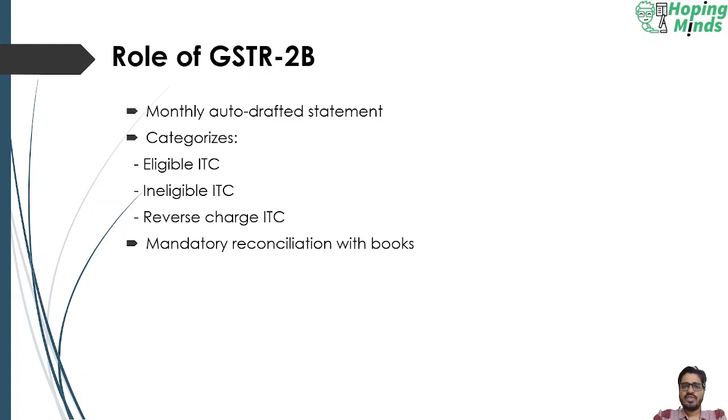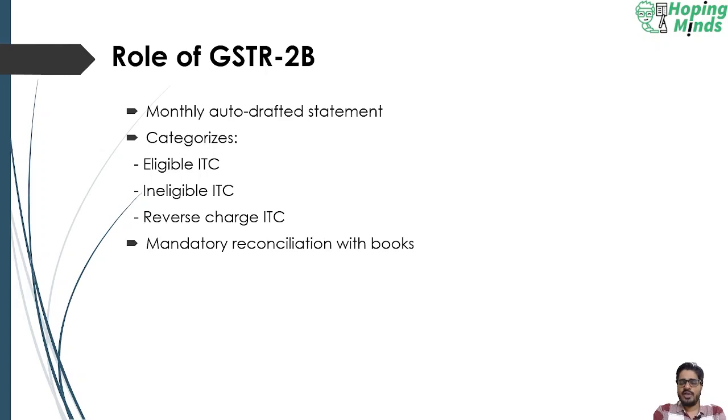So what is the role of GSTR 2B? So what is a GSTR 2B return? It is a monthly auto drafted statement. So we have already learned about the filing of GSTR 1 return by the supplier of goods or services. So a supplier of goods or services files GSTR 1 return and declares different data in different tables.